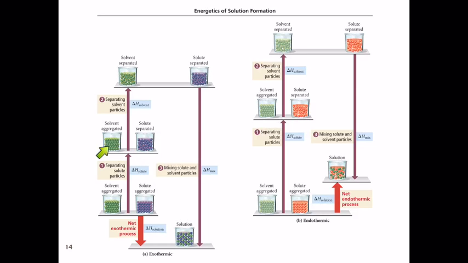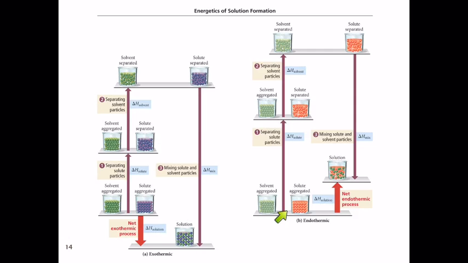The next step was separating the solvent molecules from each other, or particles. And so that requires more energy. Now we've got individual solute and solvent particles, and we allow those to interact with each other. That's going to release energy. If the energy released is more than the sum of the energy that we had to put in, then we're going to have a net exothermic process and energy is released.